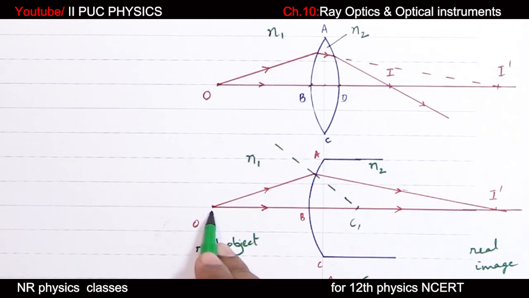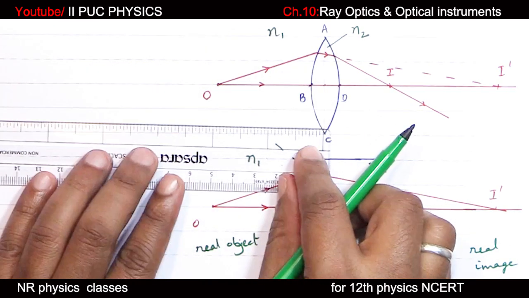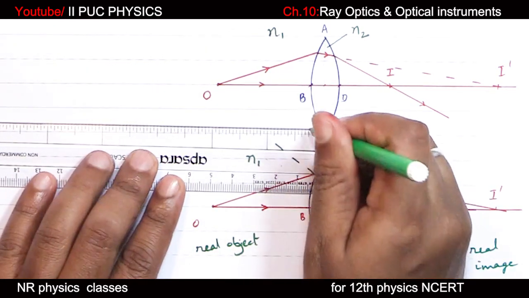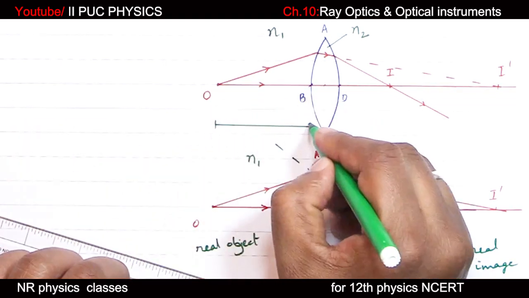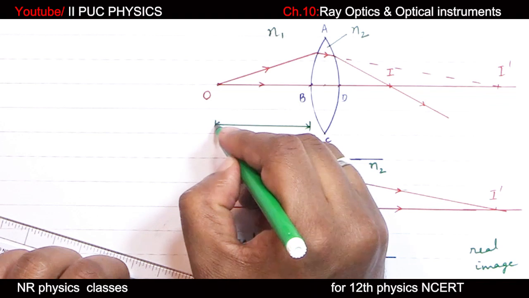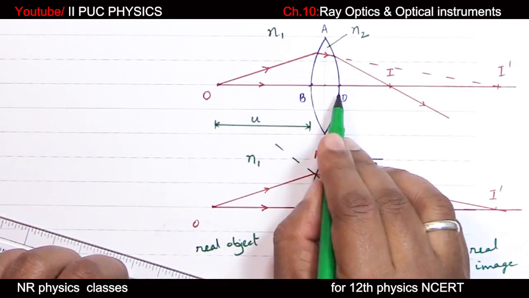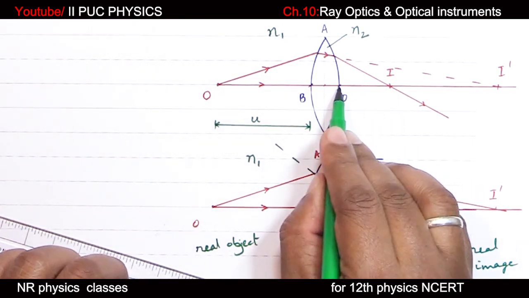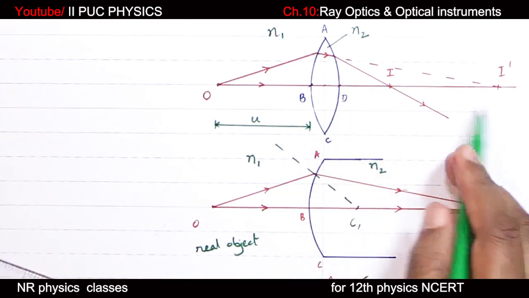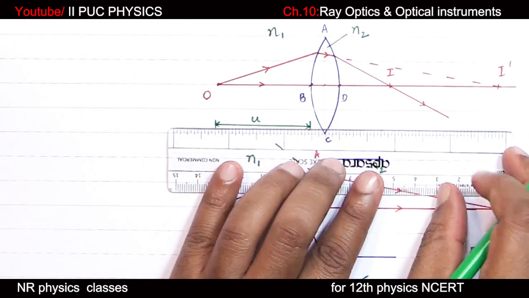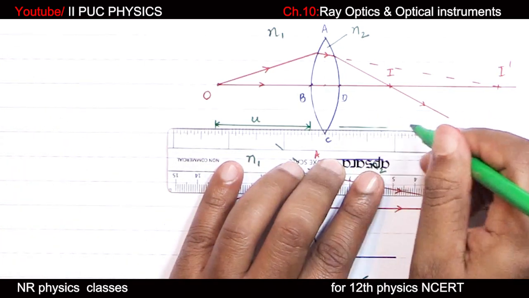Object to pole is the object distance, so this distance is the object distance. This is U, object distance. D to I, where D is the pole of the second interface, D to I is the image distance.